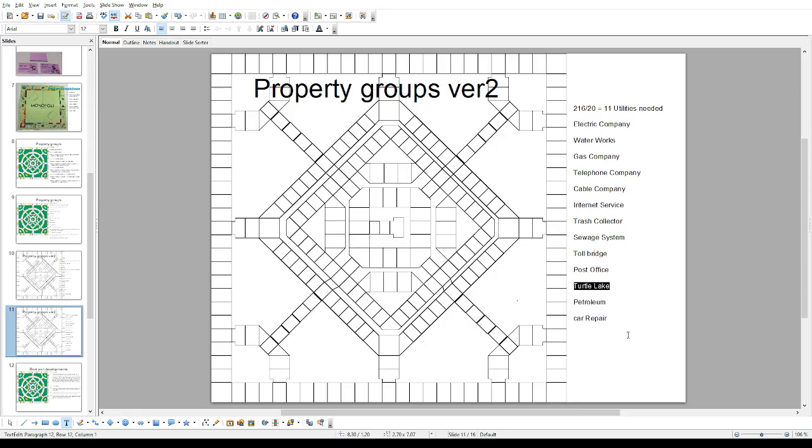Turtle Lake. I think that's more of a landmark than anything. Oh, wait, I actually remember what this one is. Turtle Lake is something so specific to the individual city where it exists that they actually included in the game's documentation an explanation for what Turtle Lake is.